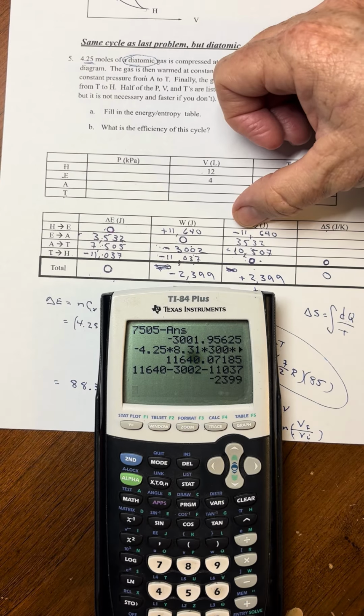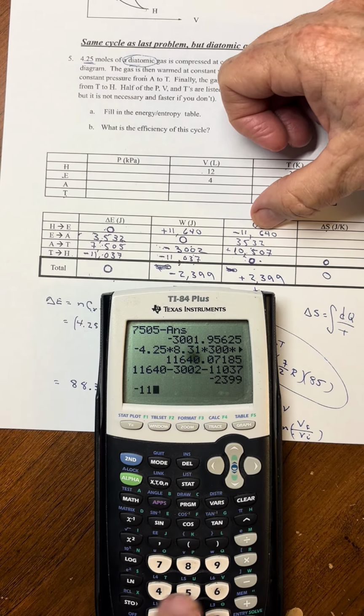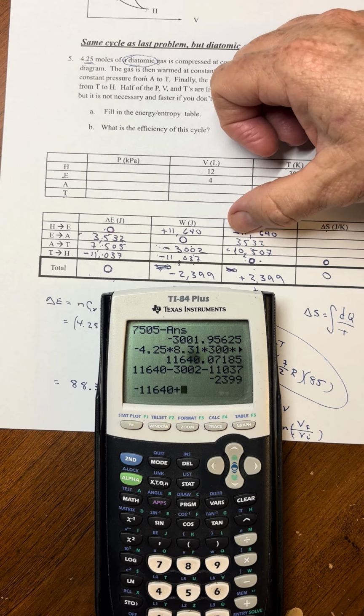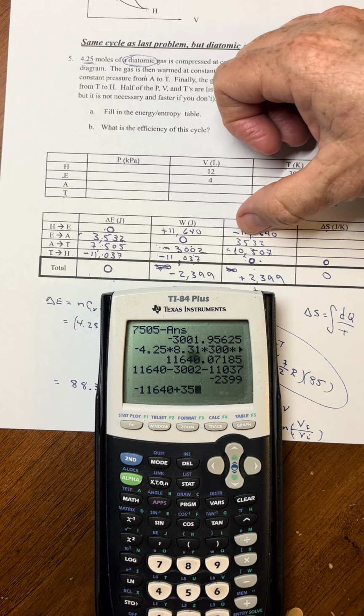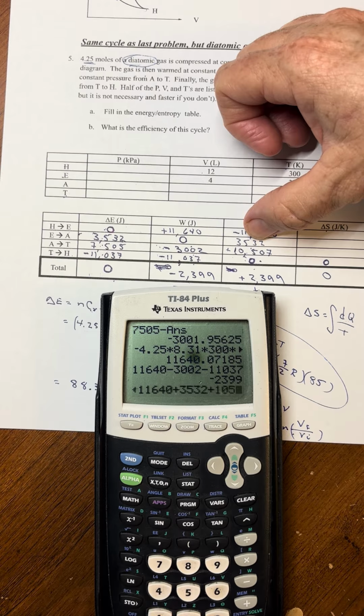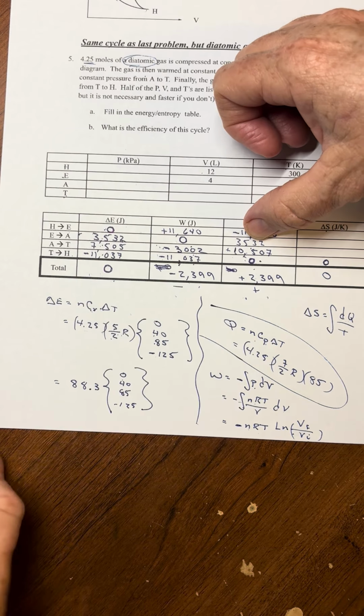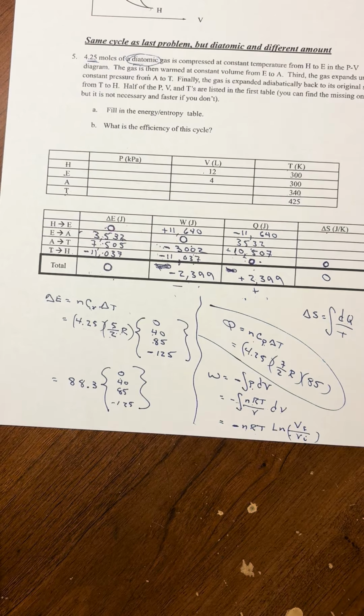Let's see, just to check, negative 11,640 plus 3,532 plus 10,507. Yep, and there it is, positive 2,309. Okay, good.